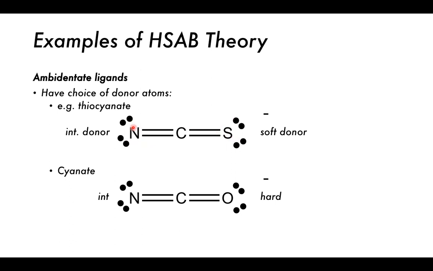So this is a combination of an intermediate donor, the nitrogen, and a soft donor, the sulfur. The other one is cyanate, which is a combination of an intermediate and a hard. And so you can tell the hardness or softness of your metal based on which one is going to bind to the metal center. You could do experiments to see which bonds are actually involved with that complexation, and that would tell you if your metal is hard or soft.